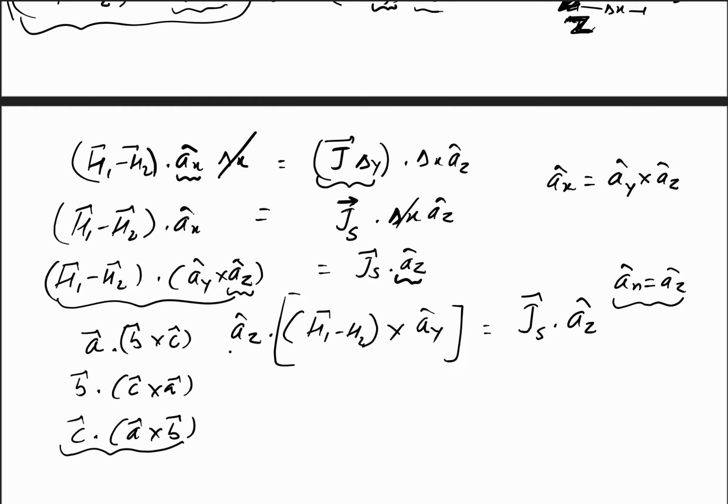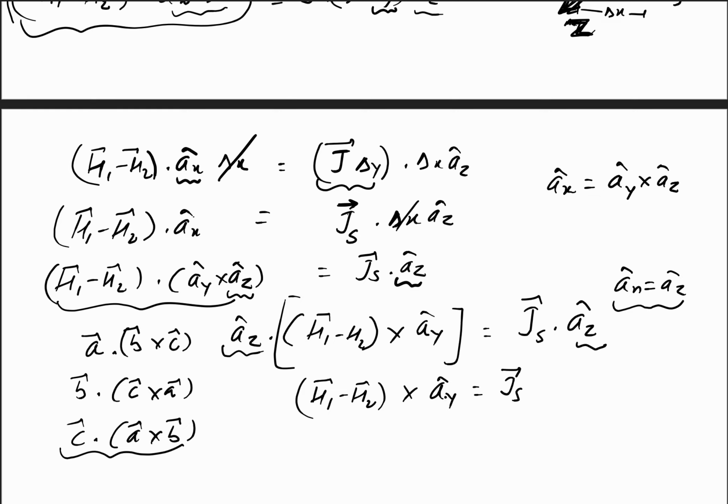So you see, now this is a unit vector, and the vector which is having the same component along that thing, we can equate them now in the limiting case. So H1 minus H2 cross AY is equal to JS.